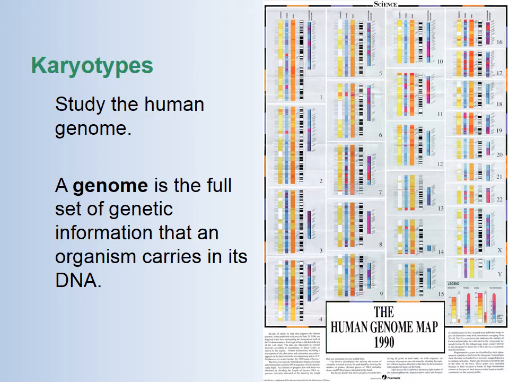If you remember, the structure of DNA was discovered in the early 1950s, and right after that they started trying to see what genes are on each of the chromosomes. Humans have how many chromosomes? That's right, we have 46. So it took them a number of years to figure this stuff out.